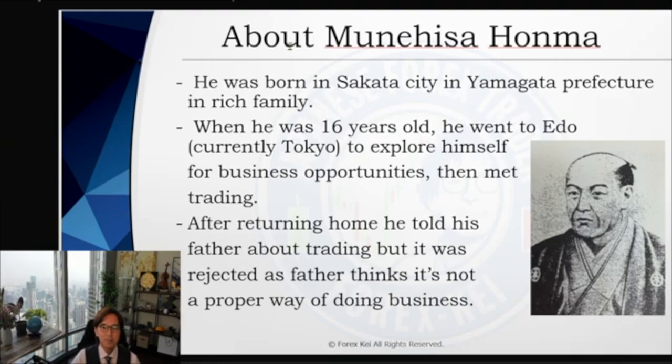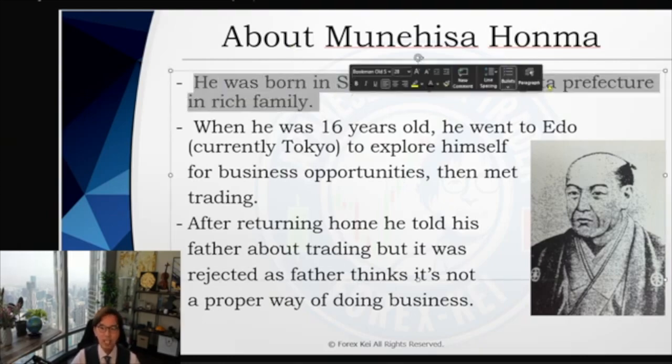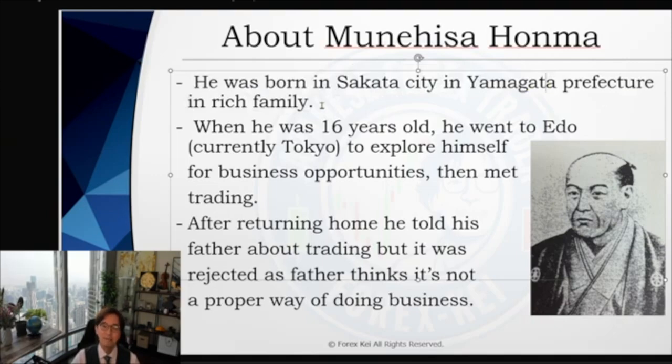So about Munehisa Honma, he was born in Sakata City in Yamagata Prefecture in a rich family. So if you don't know where Yamagata Prefecture is in Japan, I have a map here. So let me give you an idea of what the city looks like and where it is.